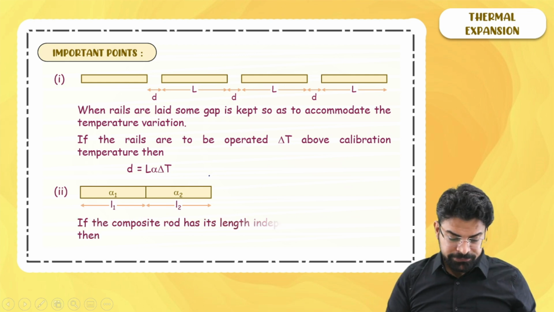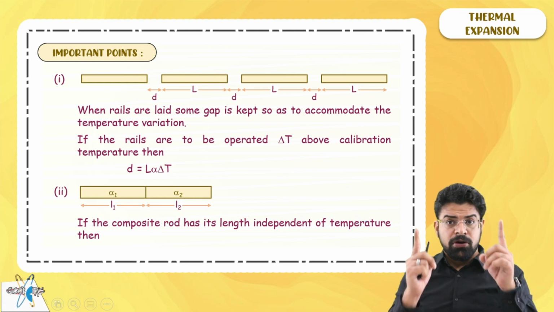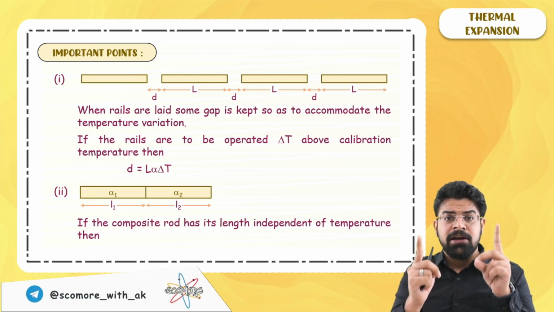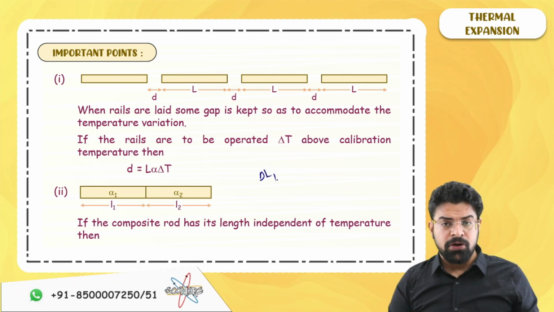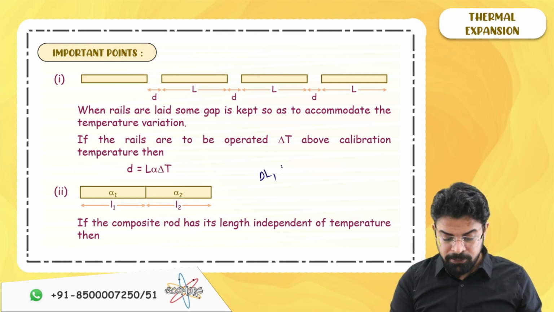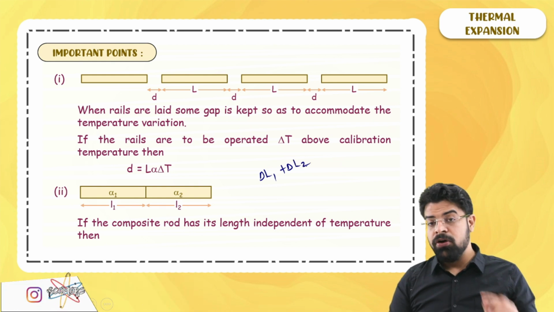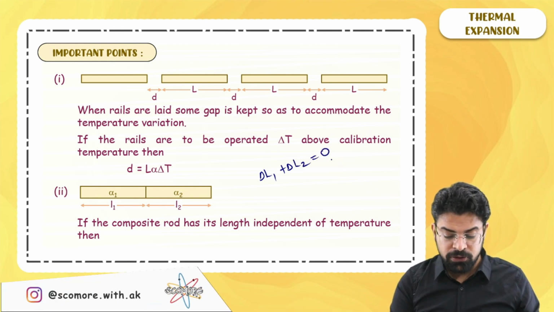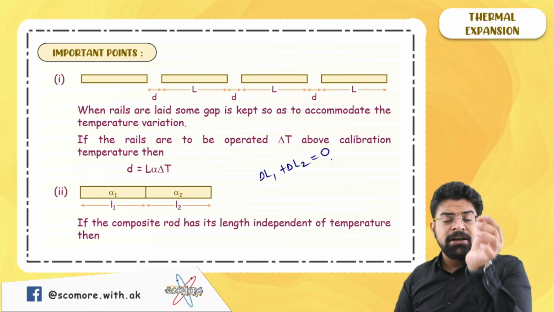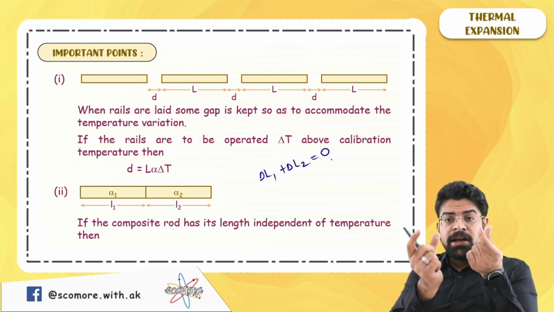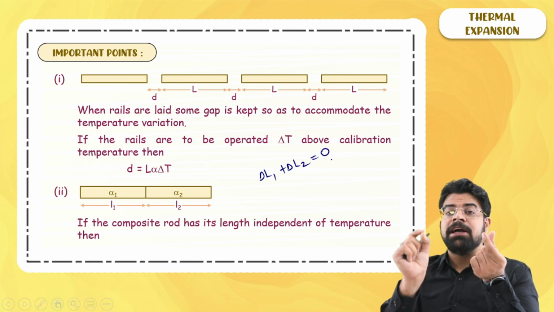So if the composite rod has its length independent of temperature, then the change in the length of the first rod on increasing the temperature plus the change in the length of the second rod on increasing the temperature should be equal to 0. If delta L1 is positive, then delta L2 should be negative by the same amount.